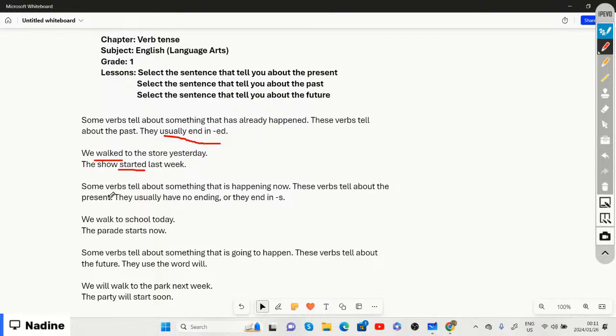And then we have some verbs that tell you about something that is happening now. These verbs tell you about the present.